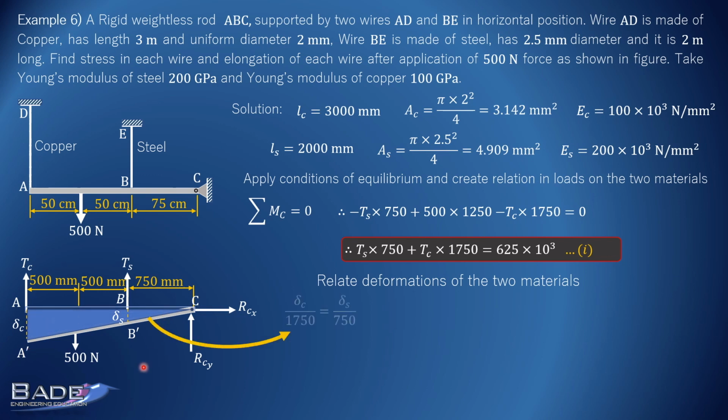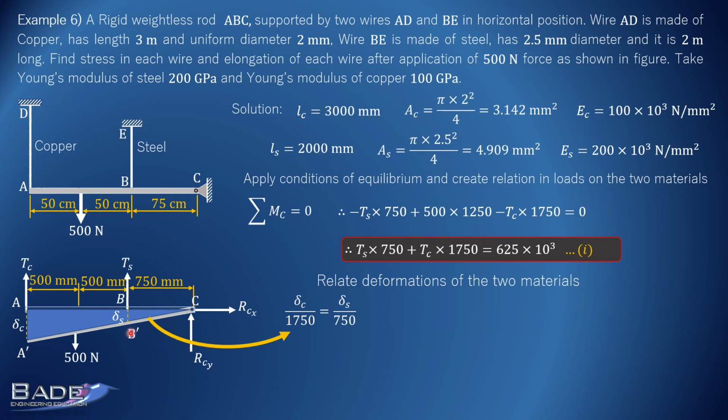Now focus on this triangle. By similar triangle relations, delta S, height of smaller triangle divided by base of smaller triangle, that is equal to height of larger triangle divided by base of larger triangle. These two triangles are similar. So this is how we can create the equation.